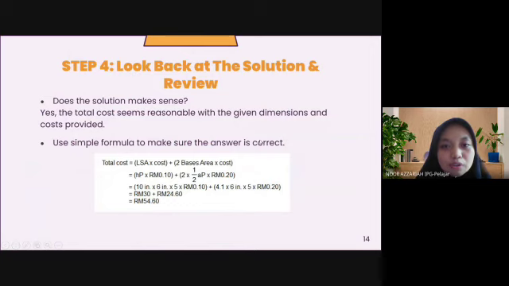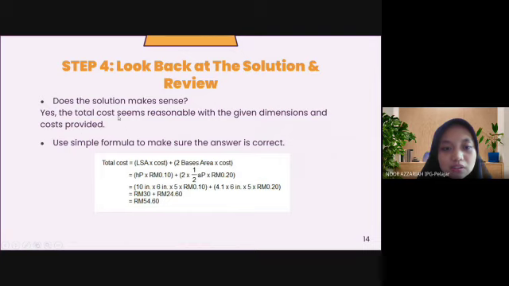Step 4. Look back at the solution and review. So why do we need to look back at our solution again? It's to avoid careless mistakes and also to identify whether our solution makes sense. From the solution just now, the total cost seems reasonable with the given dimensions and costs provided.